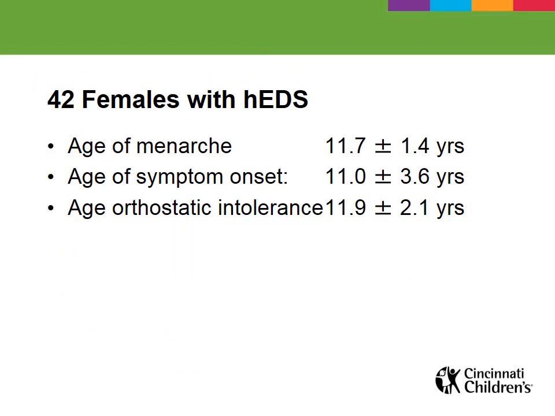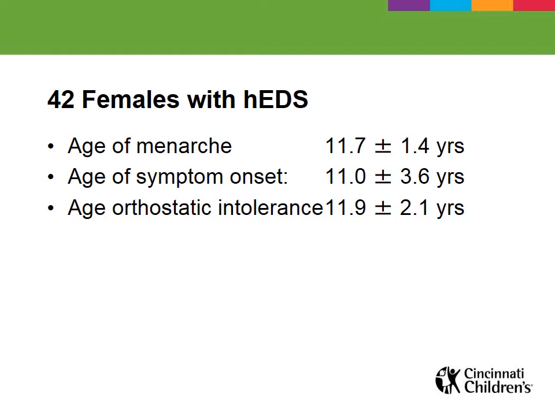To get a better idea of this transition, we looked at females with hypermobile EDS, aged 21 and younger, and we picked out 42 and looked at when did they first have menarche, when did they have symptoms, and when did they first start getting dizziness with standing. In our patient population, we found that menarche happened at ages averaging 11.7 years. Symptoms occurred at about 11 years, and most typically this was pain or some sort of joint dysfunction, but it could also be orthostatic intolerance.